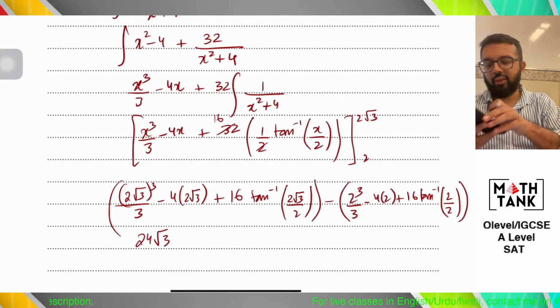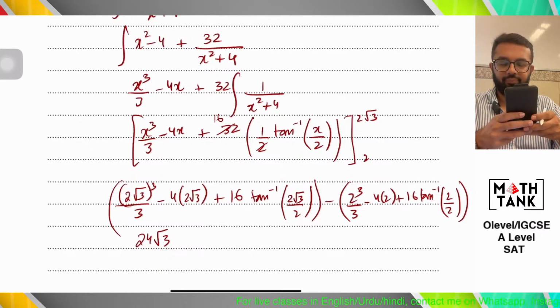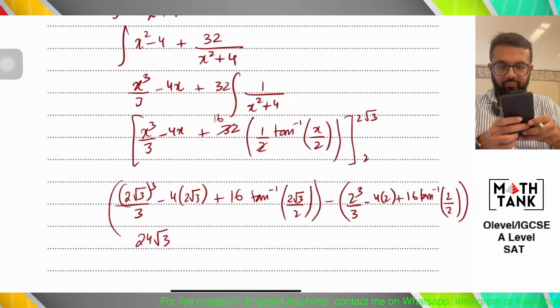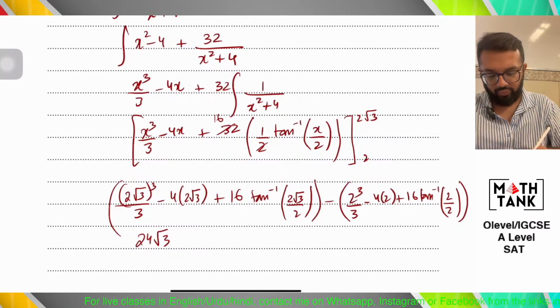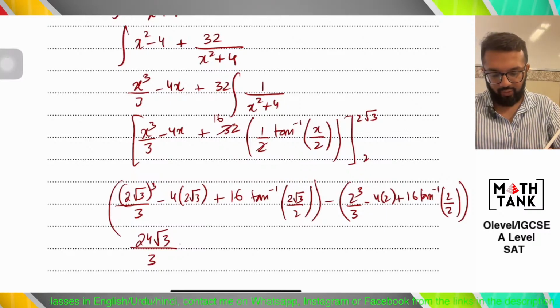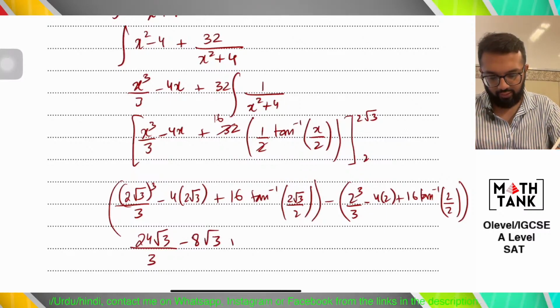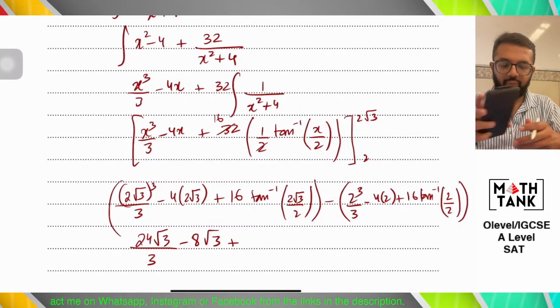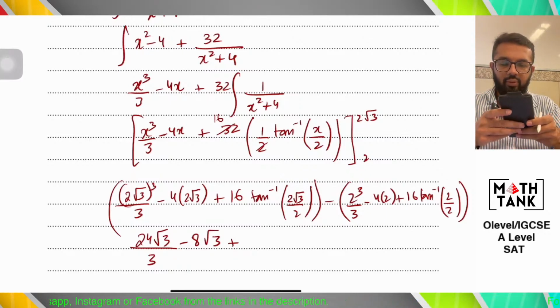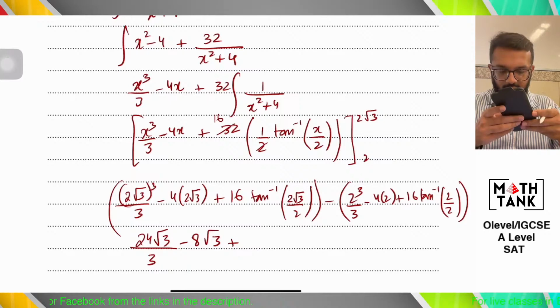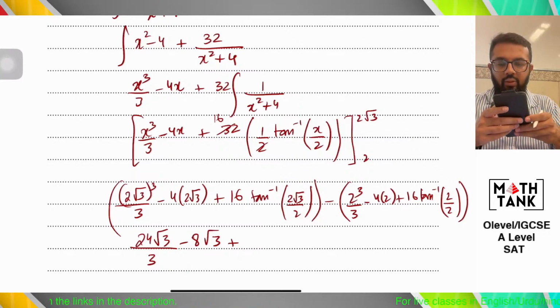I think my calculator can do this directly. Yeah, 24 root 3 over 3 minus 8 root 3, and tan inverse of root 3. My calculator should be in radians.